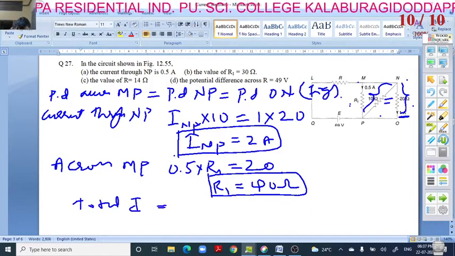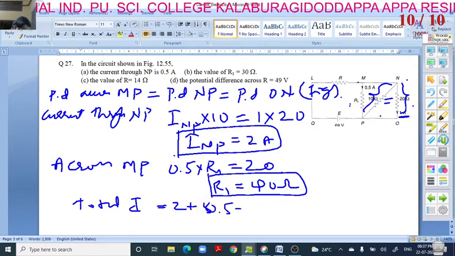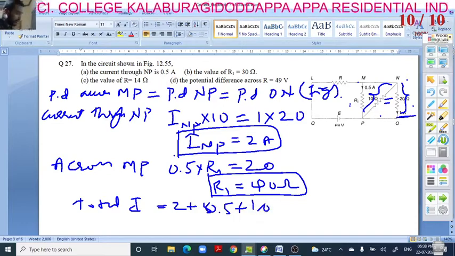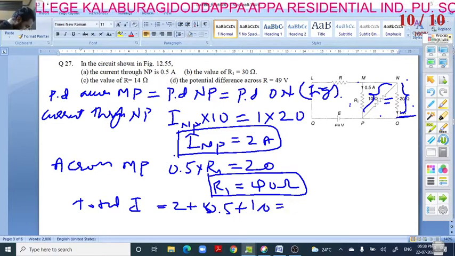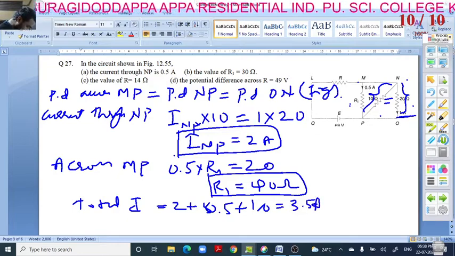I is equal to 2 plus 0.5 plus 1.0. 1 he has given here. Okay, so just to go through the figure, total it is 3.5 ampere.